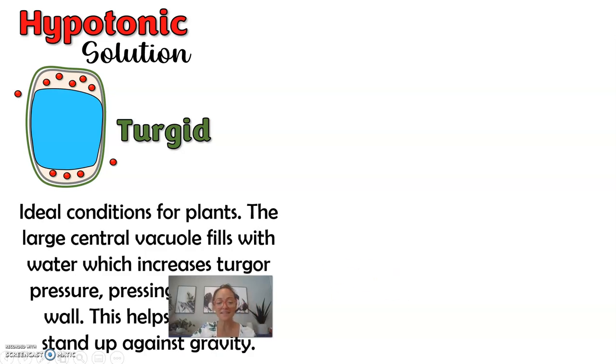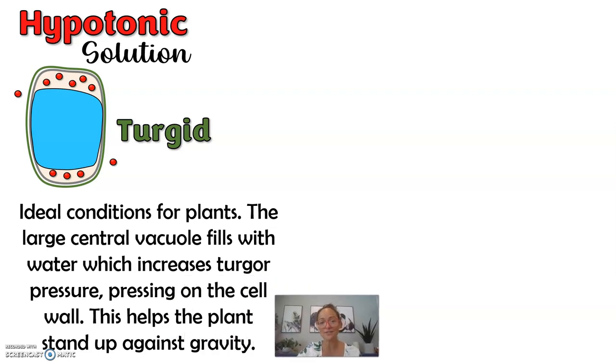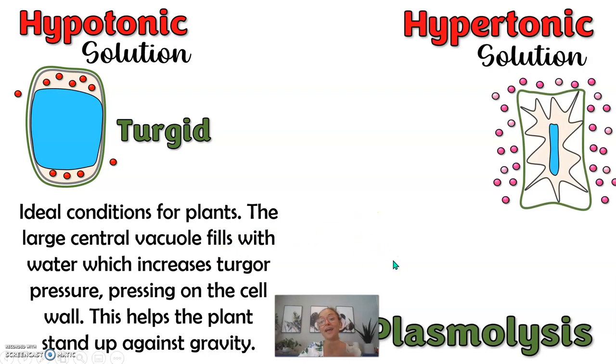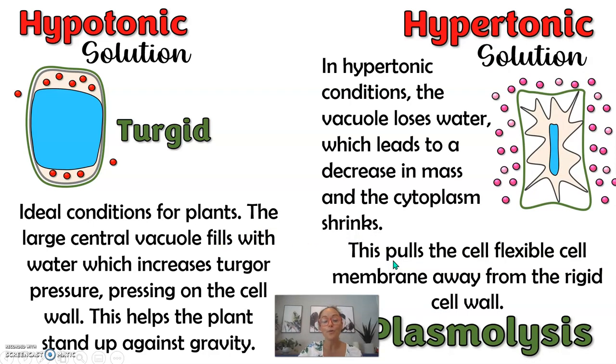So again, plant cells, this is their ideal conditions to be in hypotonic environments. So maybe you might be growing some plants and you think the more fertilizer you add, the better it'll be for your plants, but you want to be careful that you don't add too many nutrients to the soil because you could be creating a hypertonic solution, which will then lead to plasmolysis.